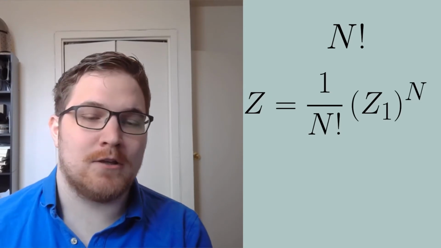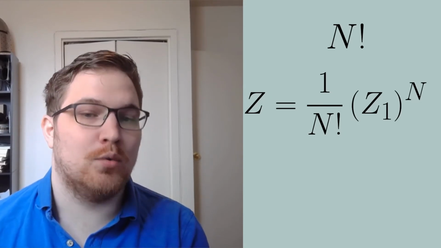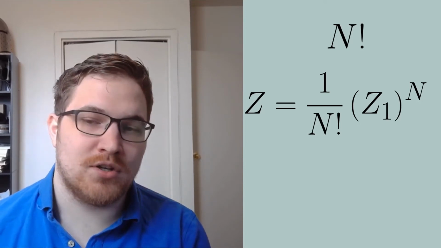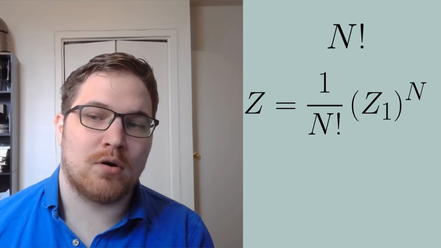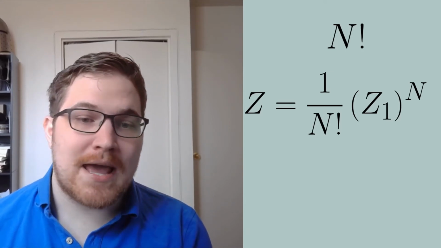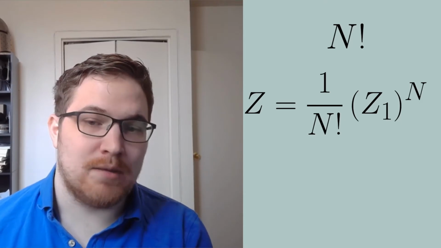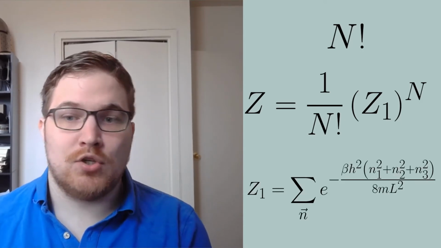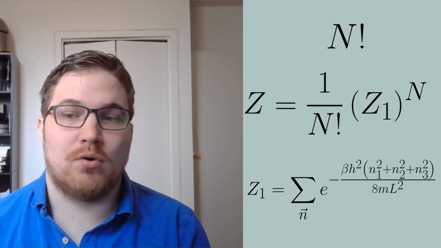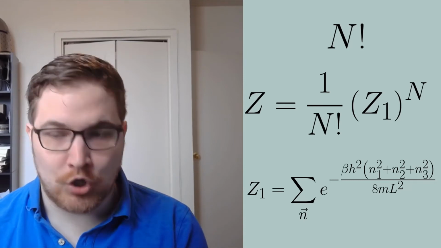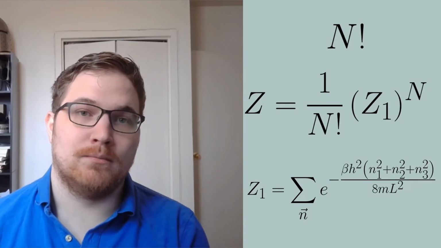It is written as 1 over N factorial to avoid overcounting times the single particle partition function to the power of the total number of particles, big N. So we have reduced the problem of calculating the partition function for the entire system to calculating the single particle partition function for an individual particle. A great simplification to the problem.